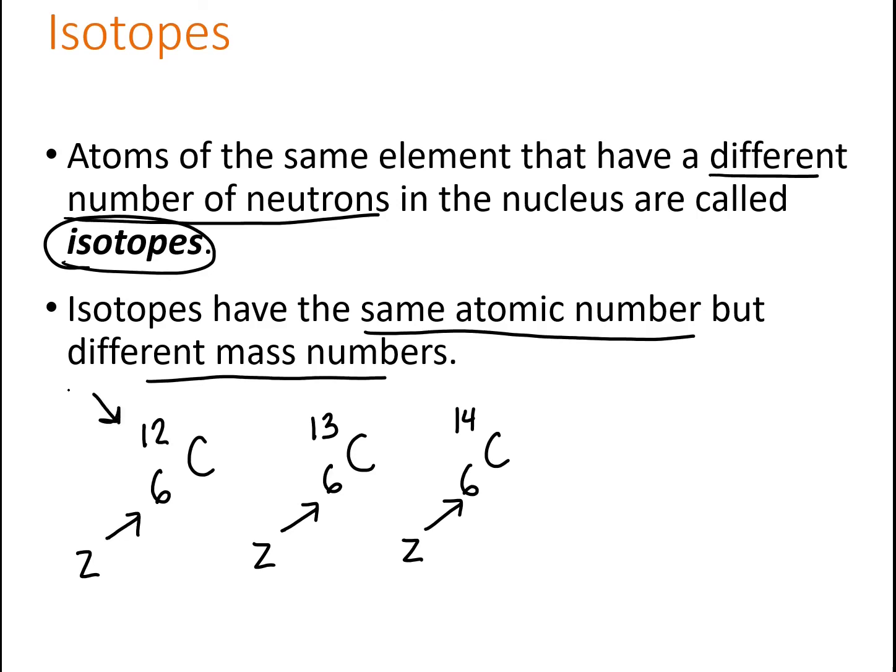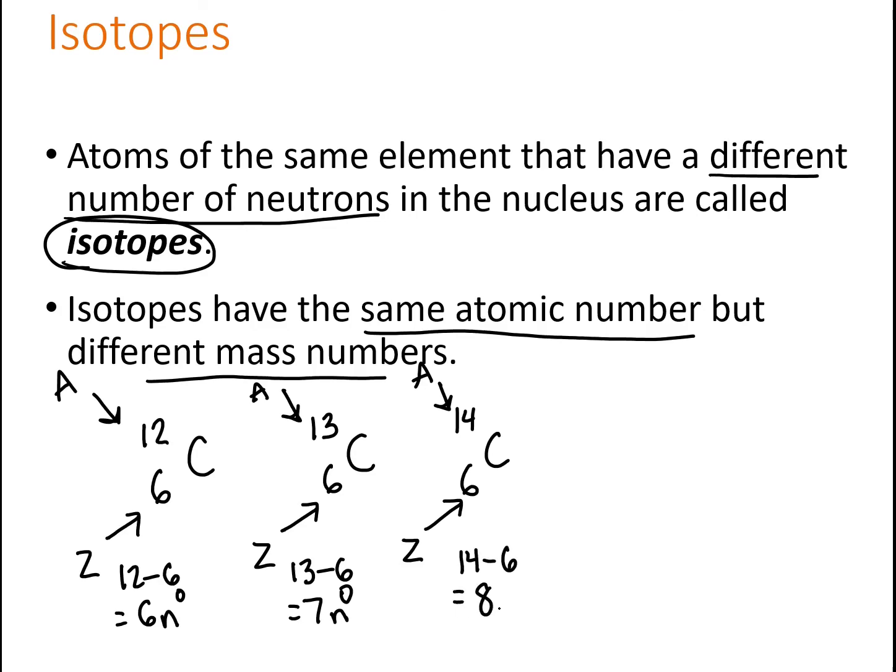But the mass number is different. So when you do the subtraction, you have 6 neutrons here, 7 neutrons, and 8 neutrons.